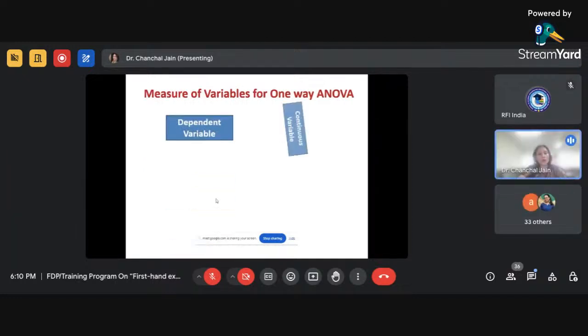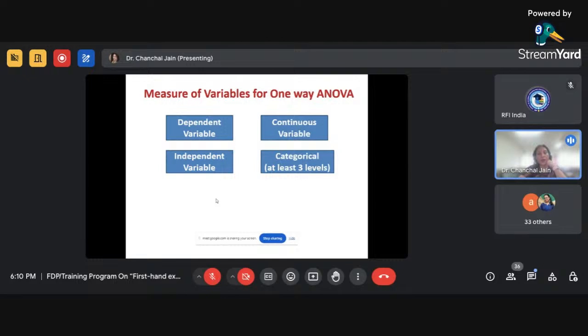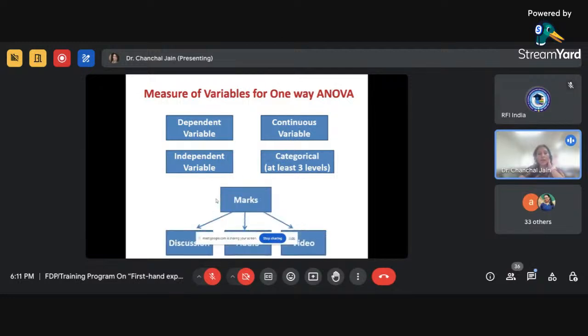So, talking about the nature of the dependent variable, it should be a continuous variable. The independent variable should be categorical with at least three labels or groups or categories or samples, right? The example I have already given: if we want to compare the performance of the students, we are considering the marks of the students as their performance, and we are comparing the marks on the basis of which technique the students were taught with.